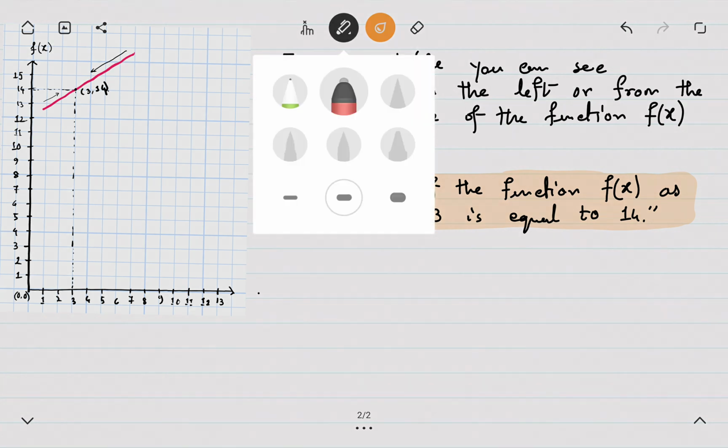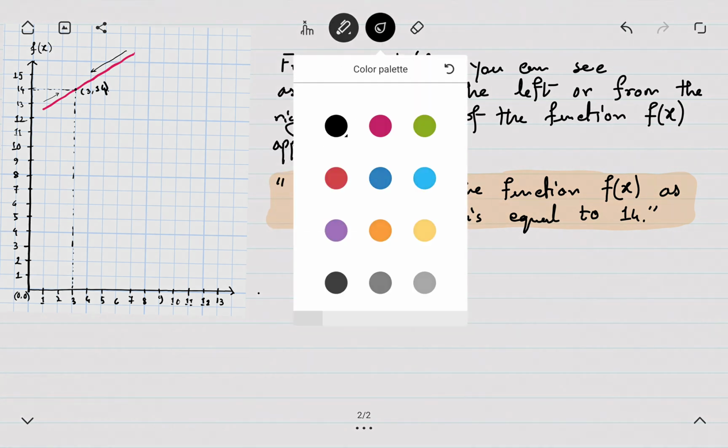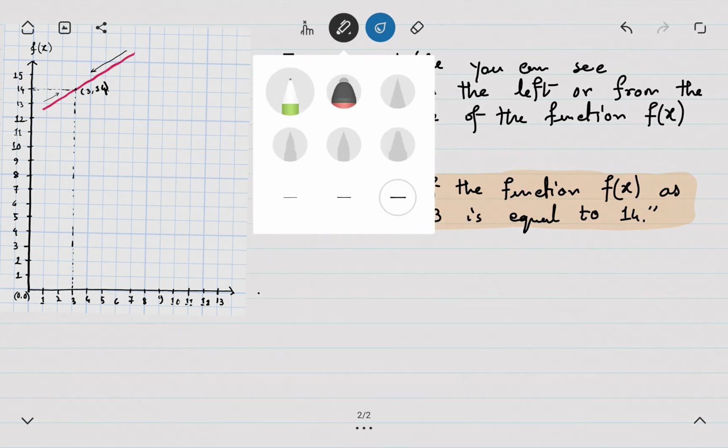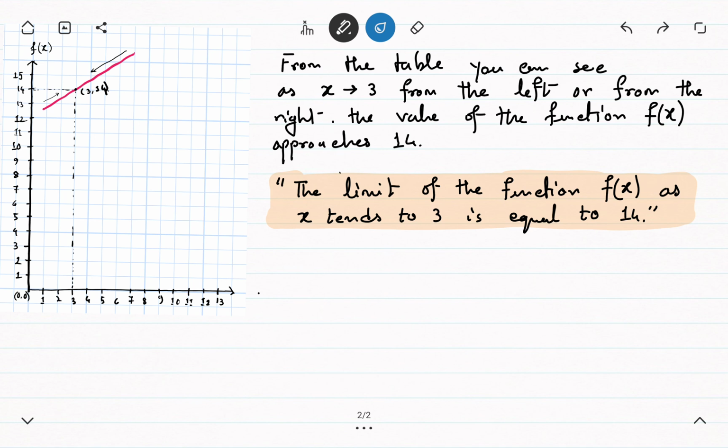The notation will be like this: limit of the function as x tends to 3 of 3x plus 5, which is nothing but 14.